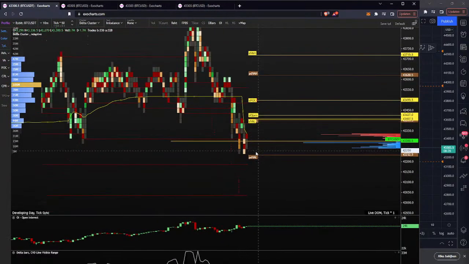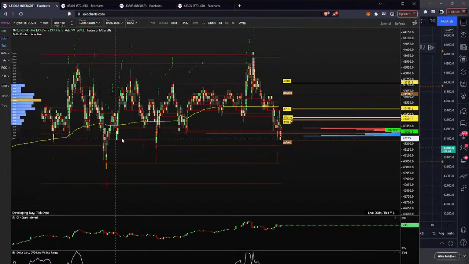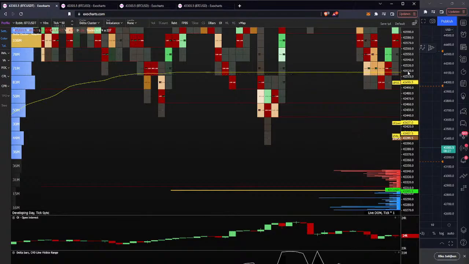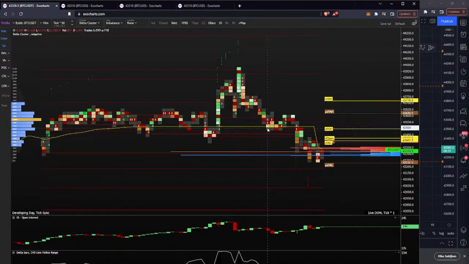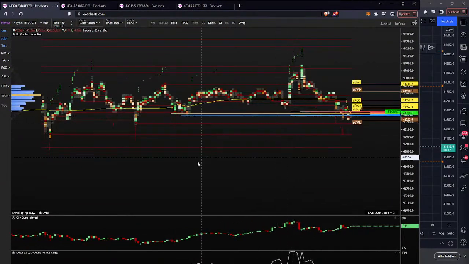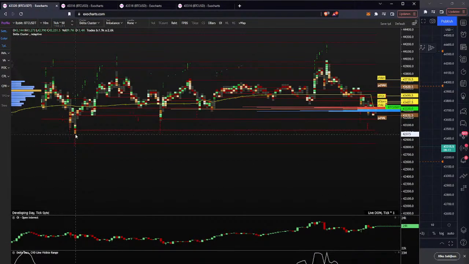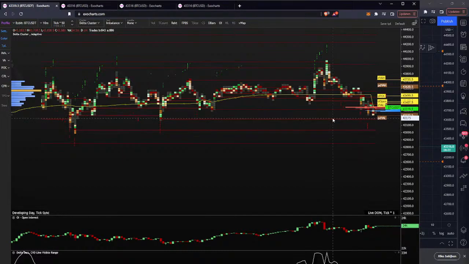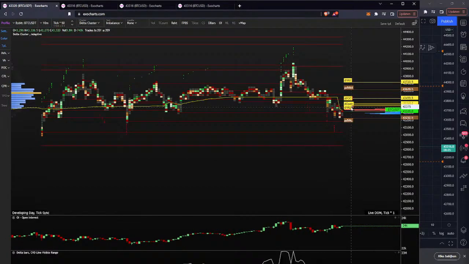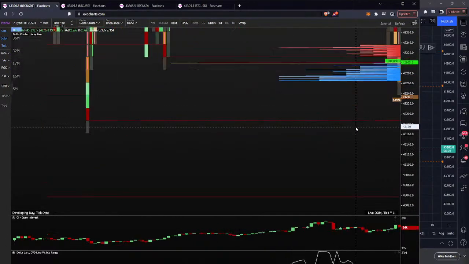So we are at that previous day value area low, which is also the range value area low. And the interesting thing I saw was that on the CVD we are making a new low compared to here, and this is actually a higher low, so we have some bullish divergence in the making. If this shoots up, that will be confirmed.